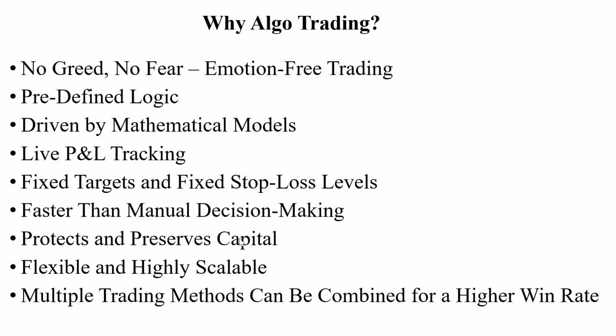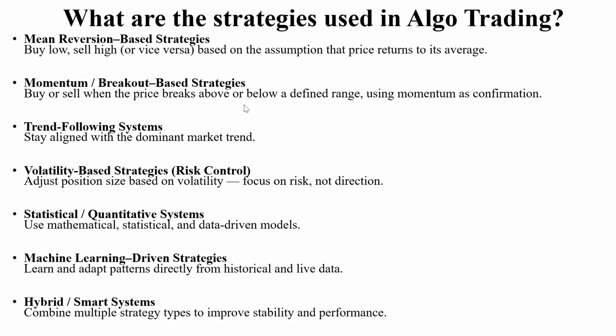That is a very important part, because in normal manual trading the main problem is that emotions come into the calculation. Here we don't have any emotions. So that's why it's flexible and highly scalable. It has a very high winning rate because we can combine multiple trading methods together. That's a specialty of algo trading.